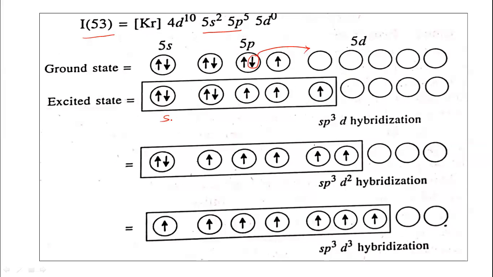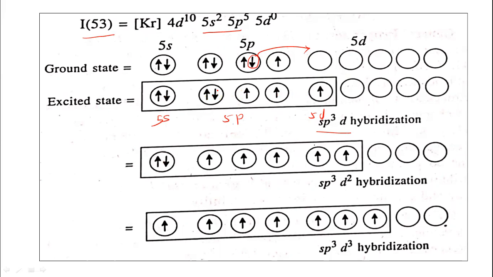This is the 5s orbital, the 3 5p orbitals, and this is the 5d orbital. So 1s, 3p, and 1d, so the hybridization is sp3d. And what is the oxidation state here? Plus 3. As there are 3 unpaired electrons in the half-filled orbitals of iodine, it shows a +3 oxidation state.